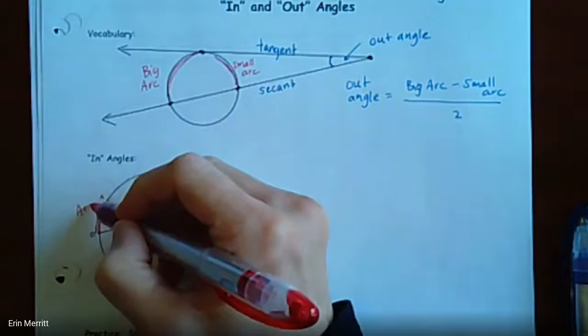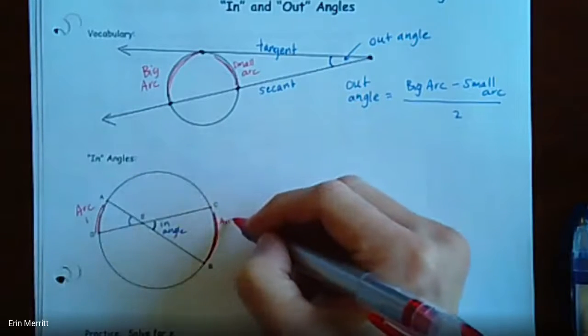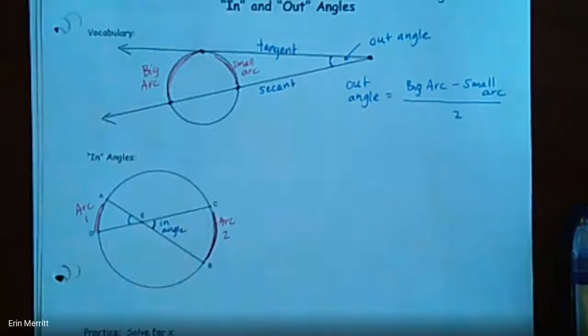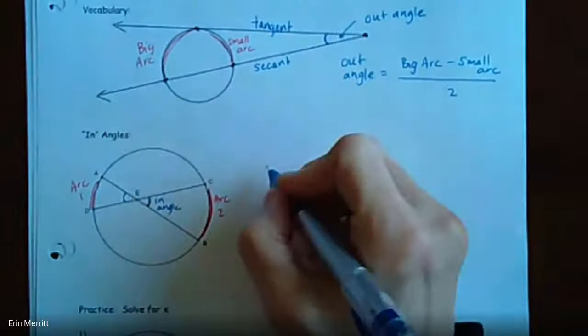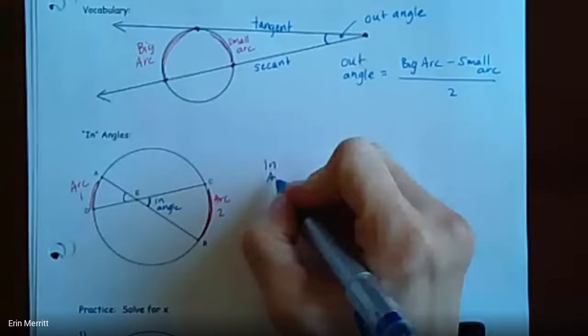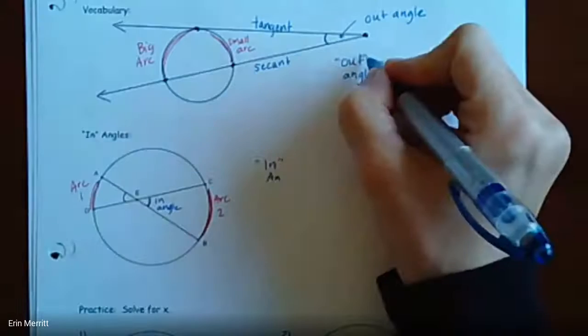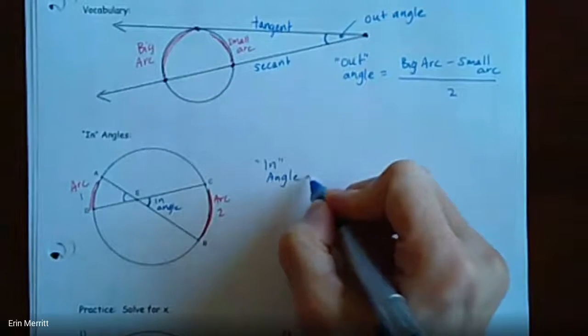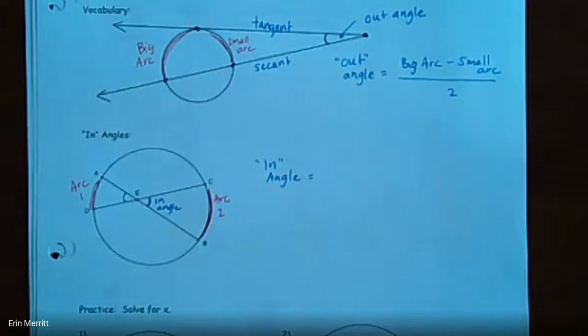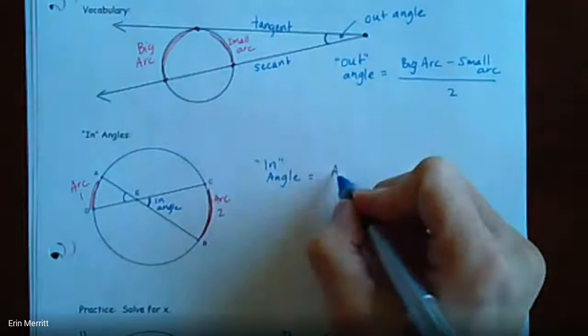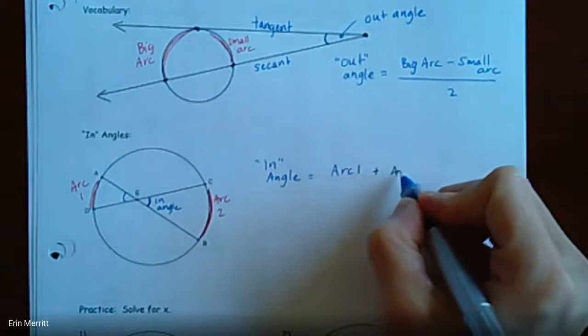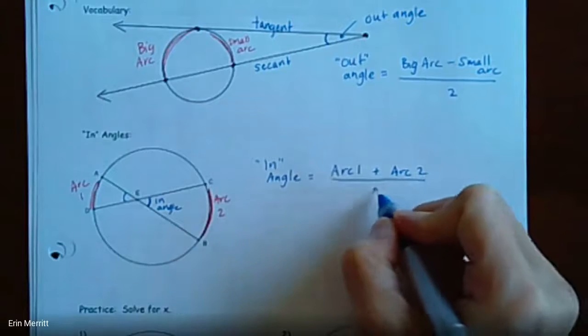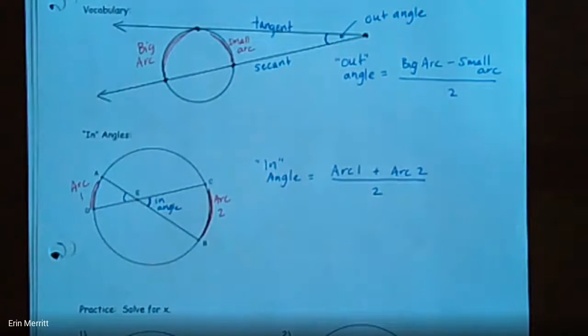So in this case, it doesn't matter which one's bigger, which one's smaller. So we kind of just refer to them as arc 1 and arc 2. So for an in angle, and an out angle there, because it's technically not its real name, but that's what we call it, it is arc 1 plus arc 2 divided by 2.